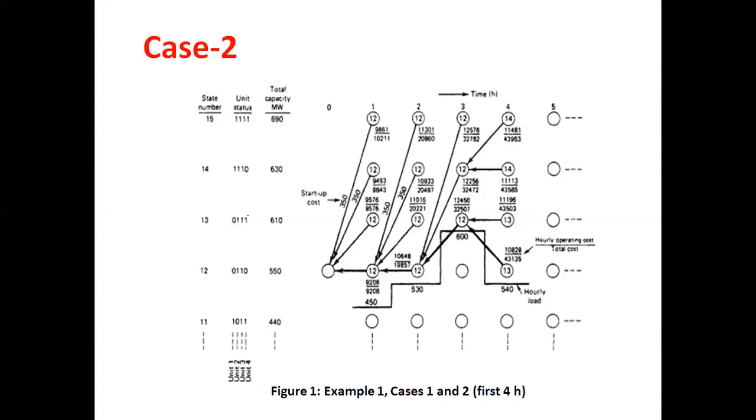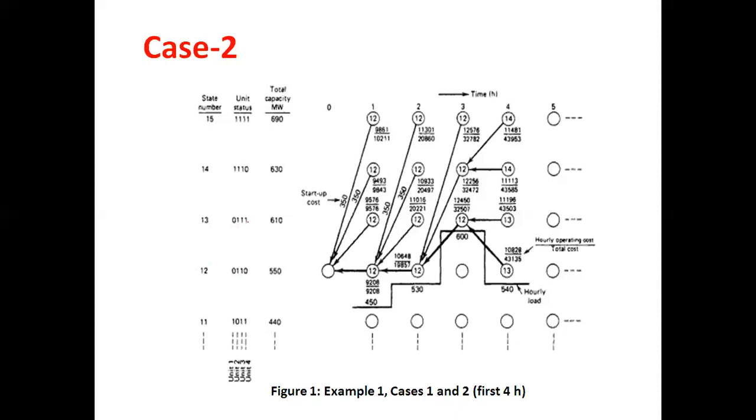But if I do the cost calculation, we will see that at hour 3, we just turn on the less efficient unit. For state 12, unit 2 and 3 are on, and in state 13, units 2, 3 and 4 are on.